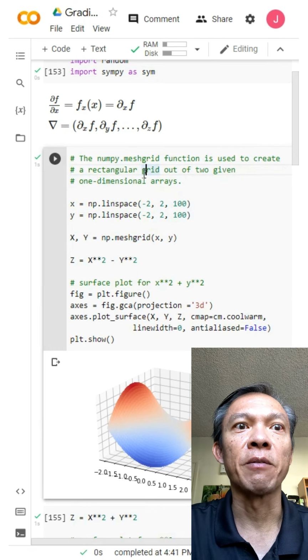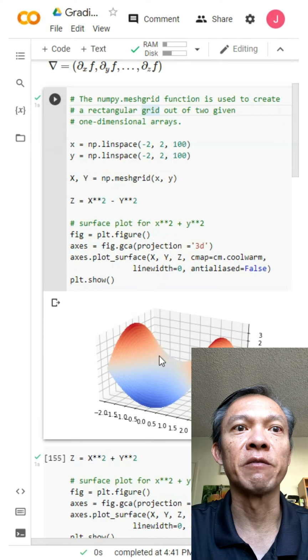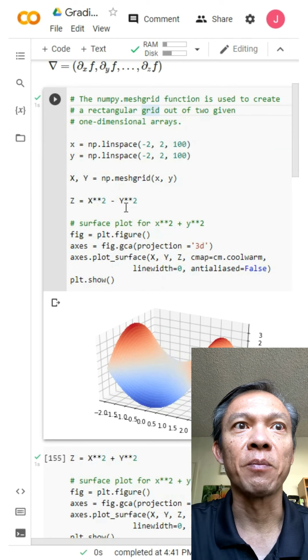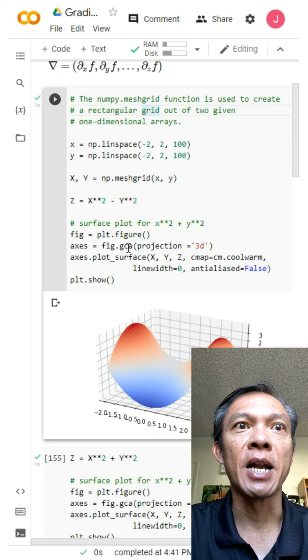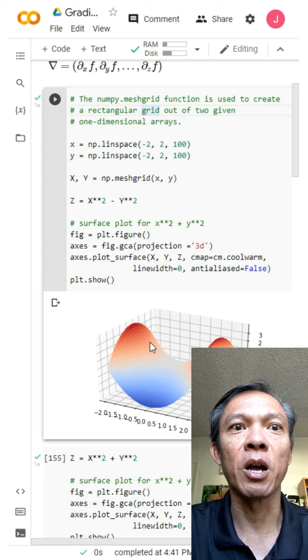Okay. And for example, in this first example right here, we're just going to plot this function, which is x squared minus y squared, over the space -2 to 2 in x and y, and we're going to do a 3D plot right here. You can see right here, and you notice that, for example, at this point right here, both of the partial derivatives give us a zero slope.